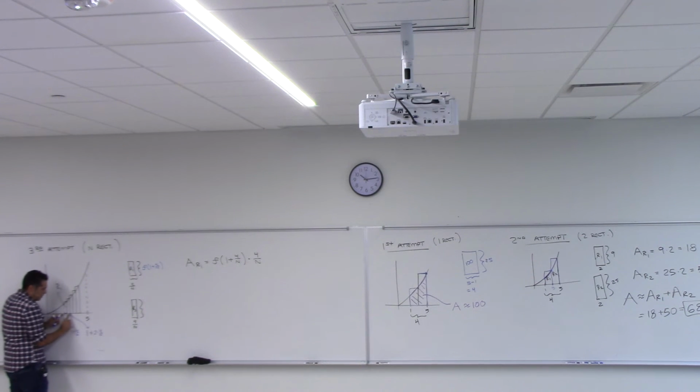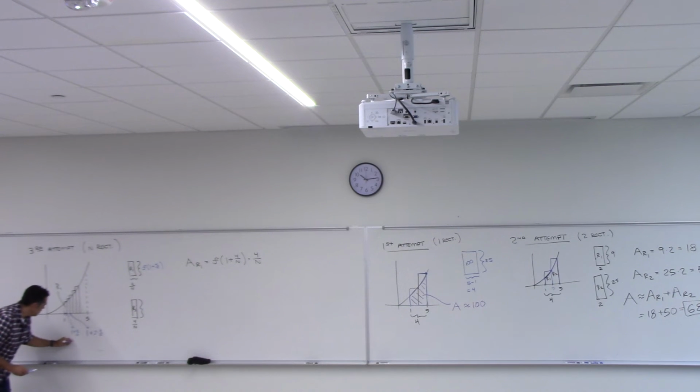You start at 1. To figure out what this point is, you start at 1 and then add to it 2 jumps of 4 over n. This one was 1 plus how many jumps? 1 jump of 4 over n. Understand?